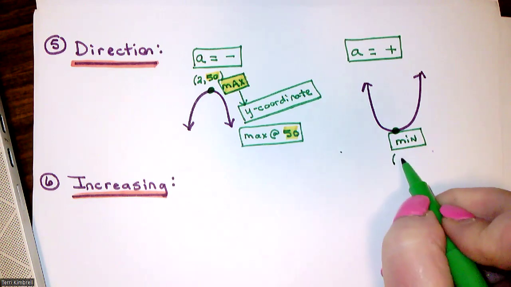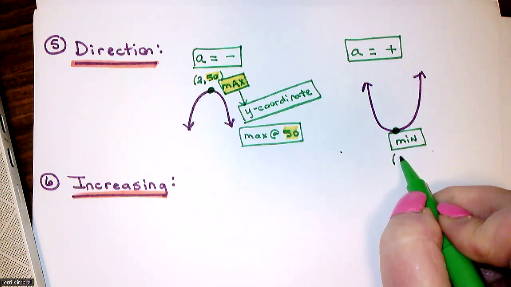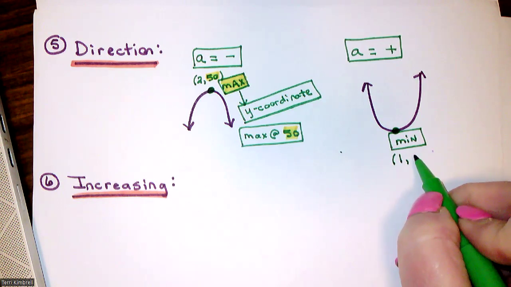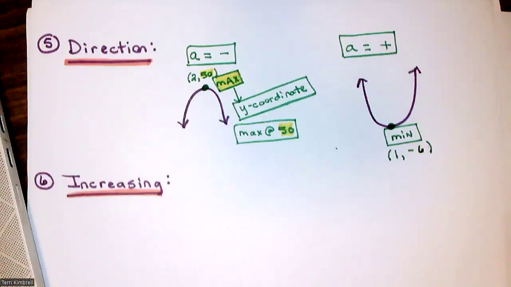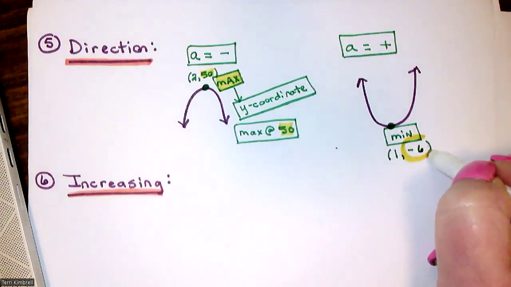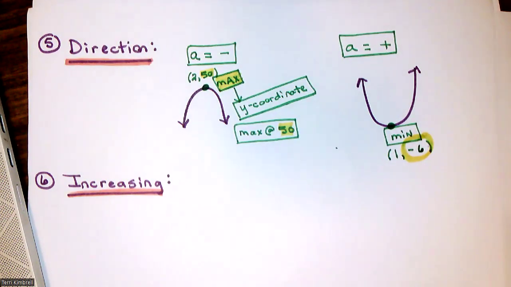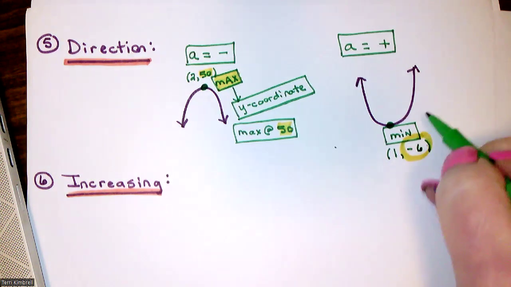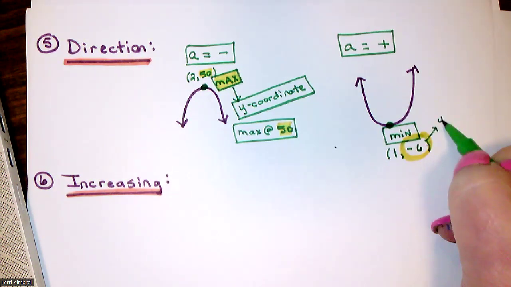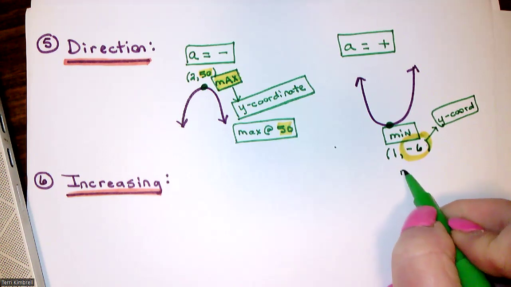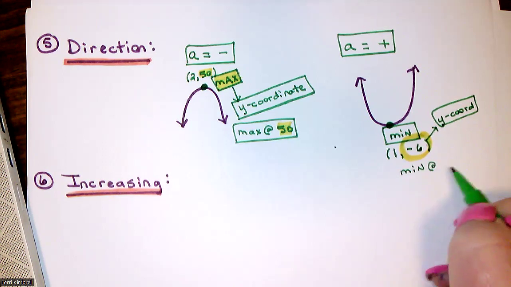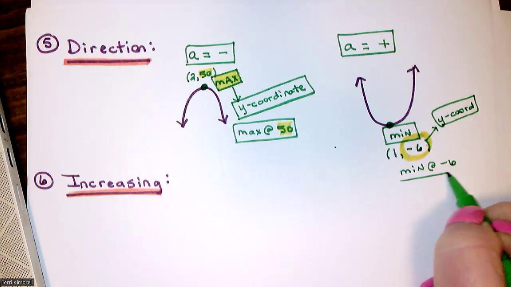So if this was to say, we'll say after 1 second, you might be 6 feet below. So when you look at that, your minimum is going to be the y coordinate of the vertex. So make sure that you pick your y, like we mentioned. So it'll be your y coordinate. And this would have a minimum at -6.